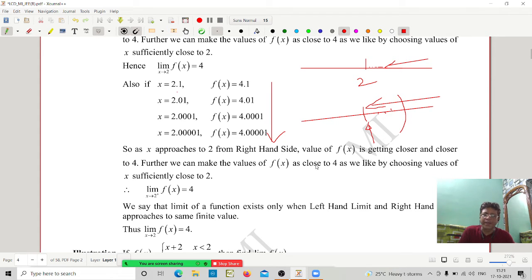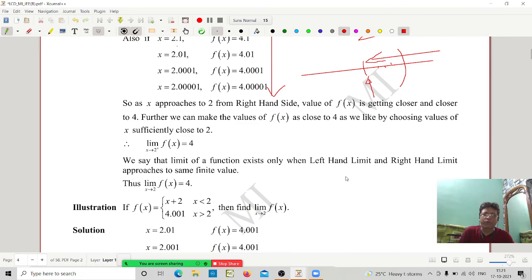Further, we can make the values of f(x) as close to 4 as we like by choosing values of x sufficiently close to 2.